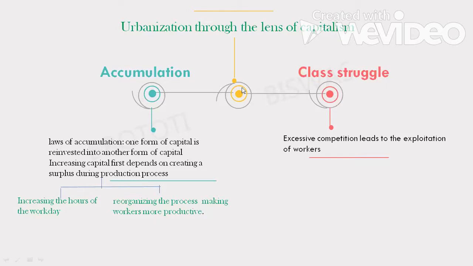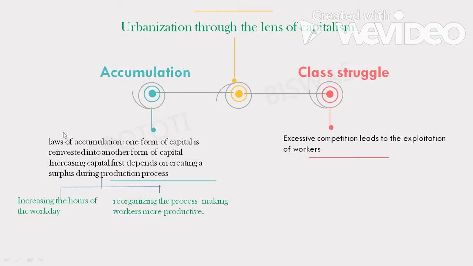What is the goal of the capitalist? The capitalist's goal is to accumulate more capital, because that is what a capitalist does. Their main aim is to hoard more capital through various ways.